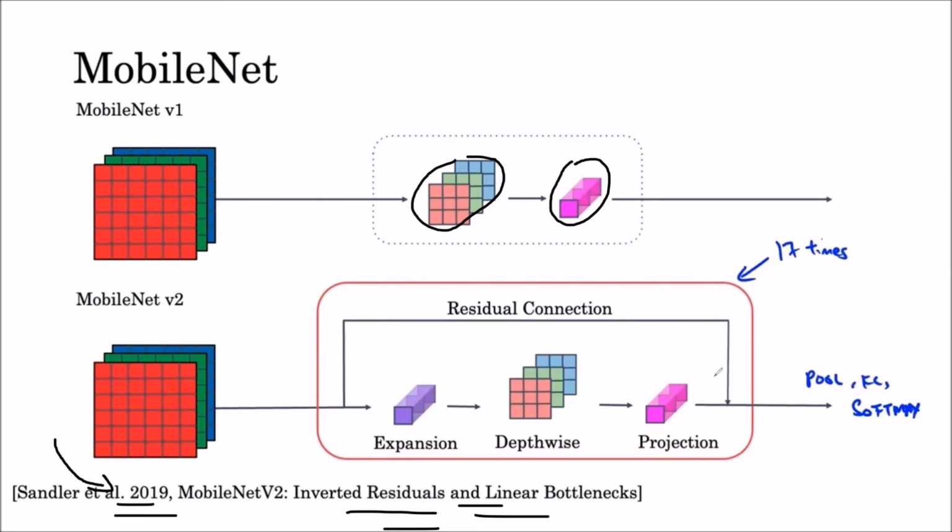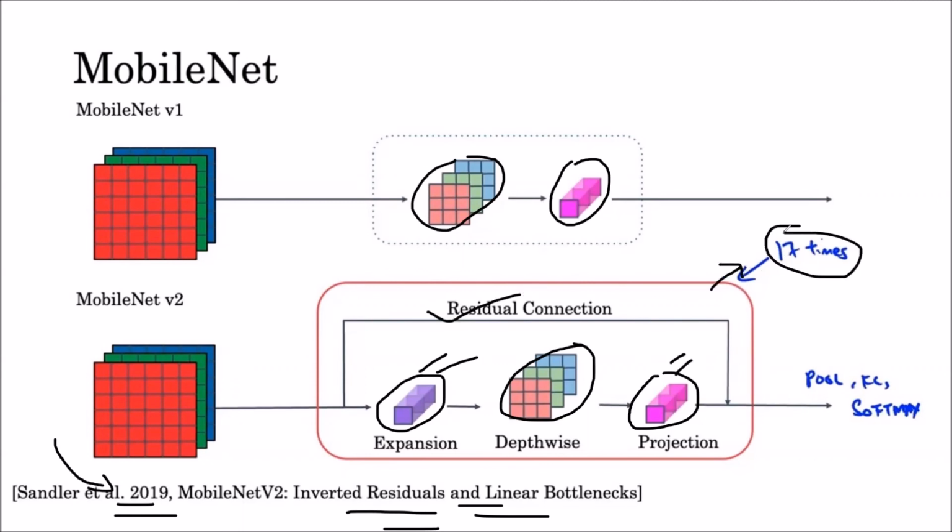Whereas in the bottleneck block of MobileNet V2, we are using the expansion and the depthwise convolution, and pointwise convolution we are using two times. One time for expansion and the second time for the projection. We are using a skip connection here. This bottleneck block is repeated 17 times. After that, pooling, the fully connected layer, and finally the softmax layer. This is the structure of MobileNet V2.